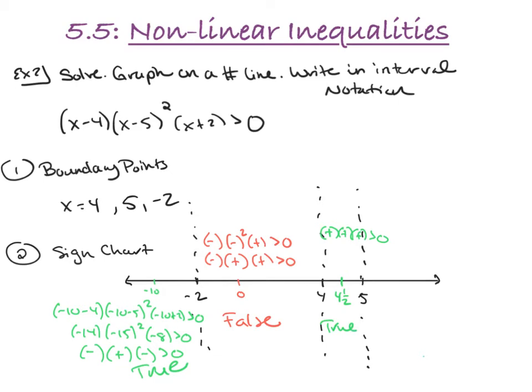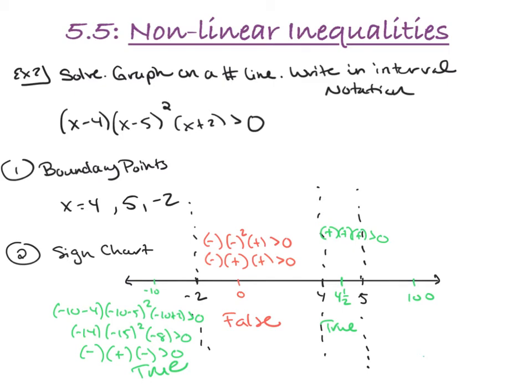So we have true. Now, before we get excited and go, oh, look, it's alternating, true, false, true, this is false. Watch what happens on the other side of 5. So if we pick something, let's say we pick x equals 100. If I pick a big number like that, it makes my mental arithmetic much easier to do for the plus and minus signs.